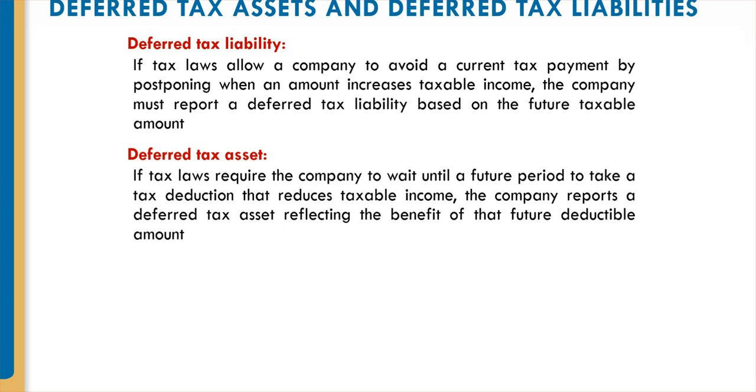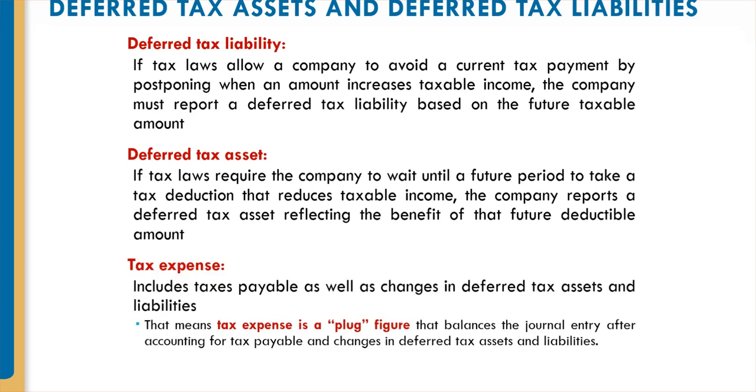Or the alternative is to say, it's not anything that will give me a liability or a benefit in the future. It's something that's just always going to be there hanging, and we call that a permanent difference. So permanent differences don't show up in the deferred tax liability or deferred tax asset accounts, only those due to timing, based on the net income being accrual and the tax form being cash basis.